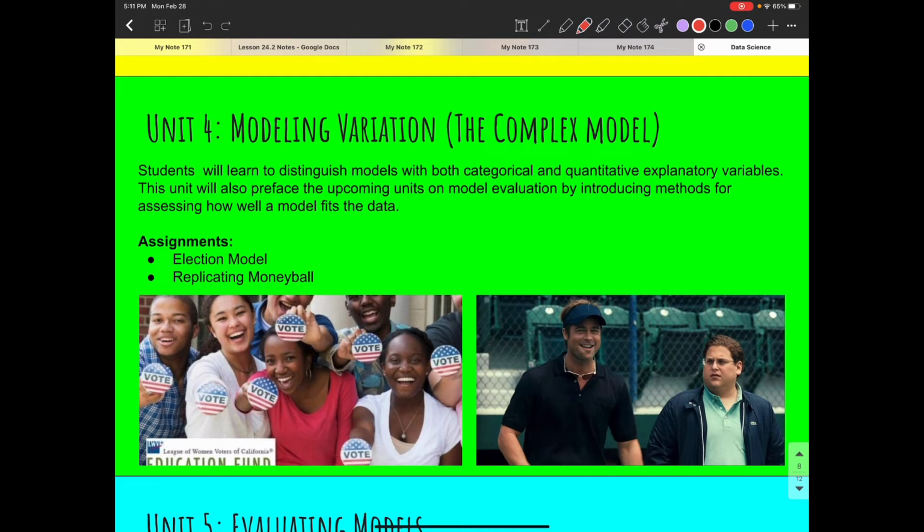We're also going to do an assignment trying to replicate Moneyball. So if you haven't seen the movie with Brad Pitt and Jonah Hill, this is a book. There's a book called Moneyball written by Michael Lewis. It follows the story of a team that had little money who wished to figure out what non-obvious variables would predict baseball players' outcomes.